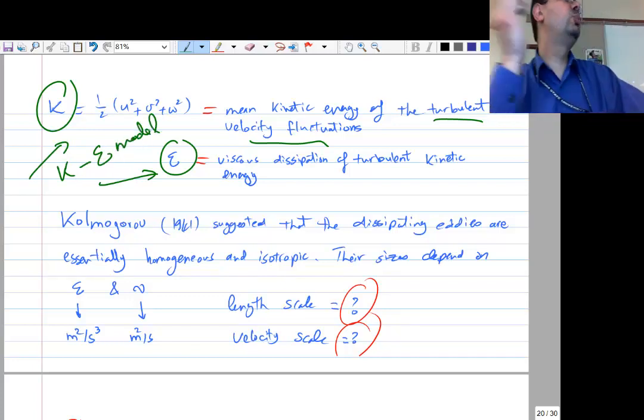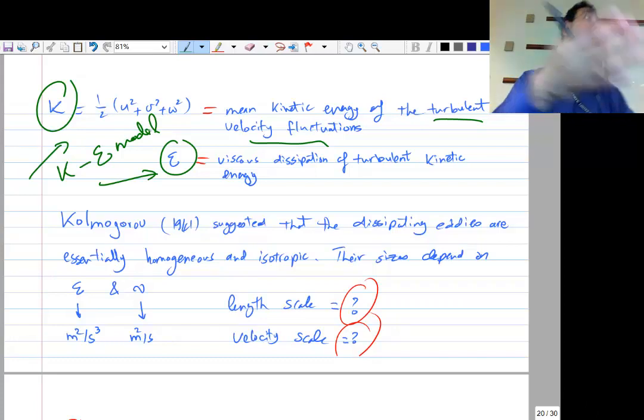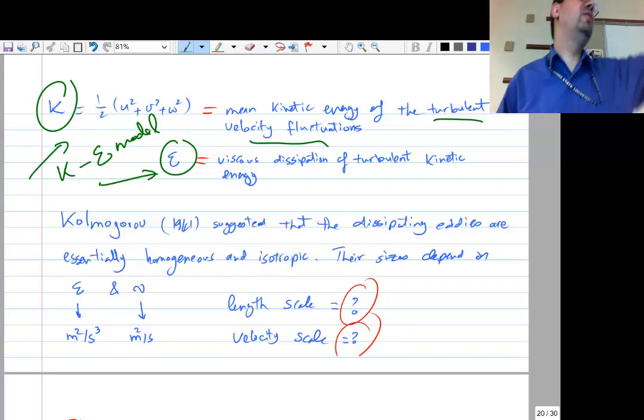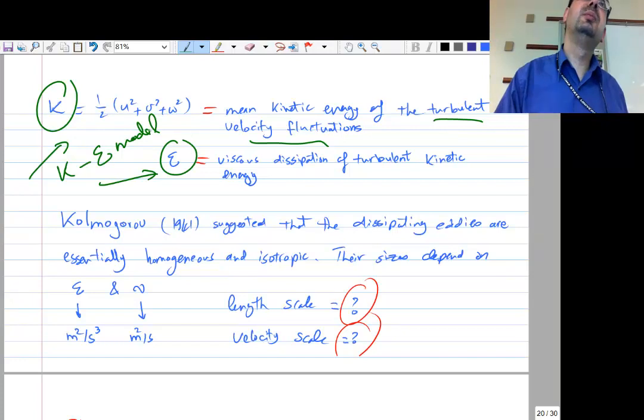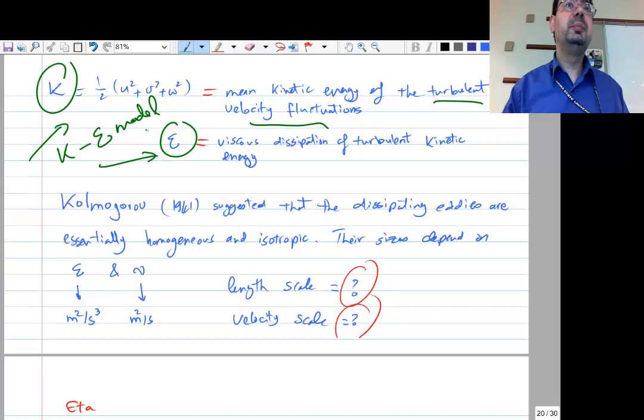And that is the most popular model that industry uses. If you go to anyone making furnaces or heat exchangers, and they want to simulate that turbulent flow, they will have the three momentum equations, U, V, and W, and next to them, they are solving for K and epsilon. The software will write an equation for K and an equation for epsilon.